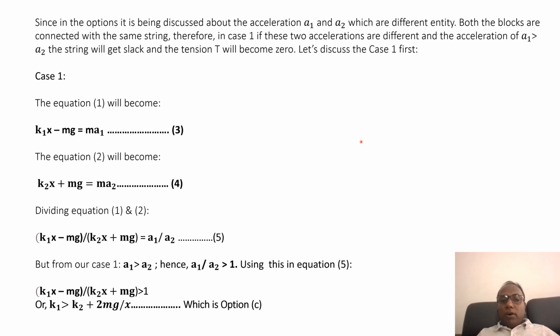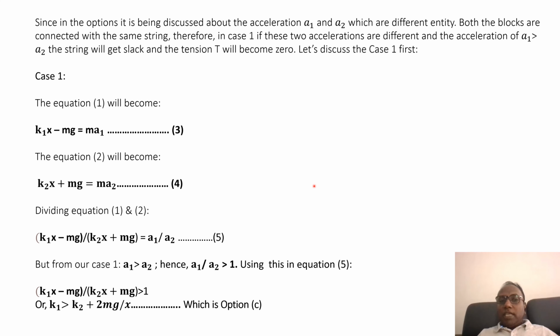If you see the options, what is being compared is a1 and a2, right? So we have to think from that perspective to solve these questions. So case 1 we can consider where acceleration of block A is greater than acceleration of block B, that is a1 is greater than a2.